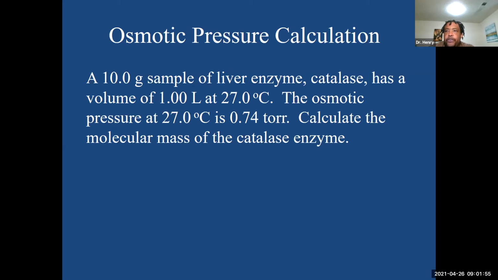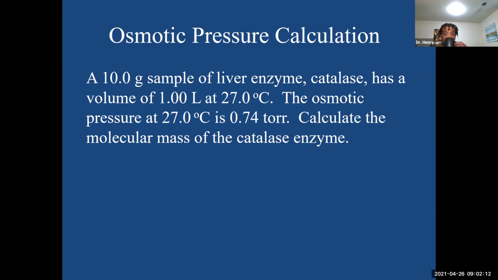The osmotic pressure at 27 degrees Celsius is 0.744. Calculate the molecular mass of the catalase enzyme.